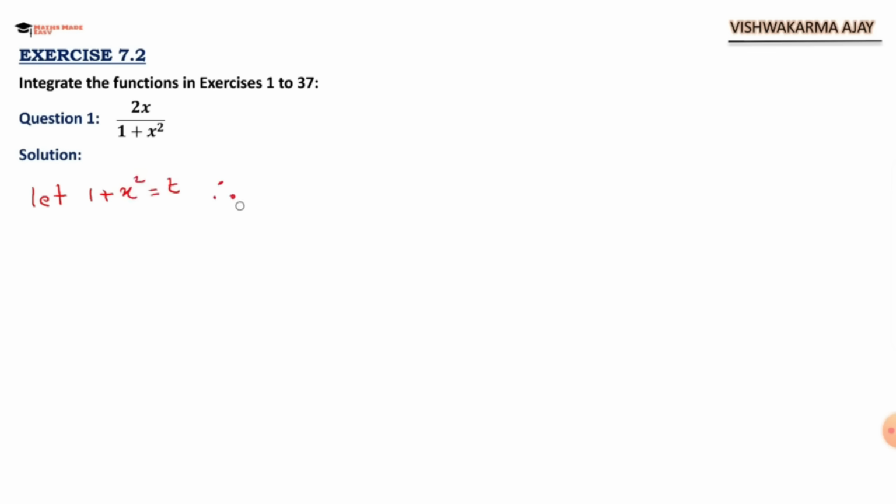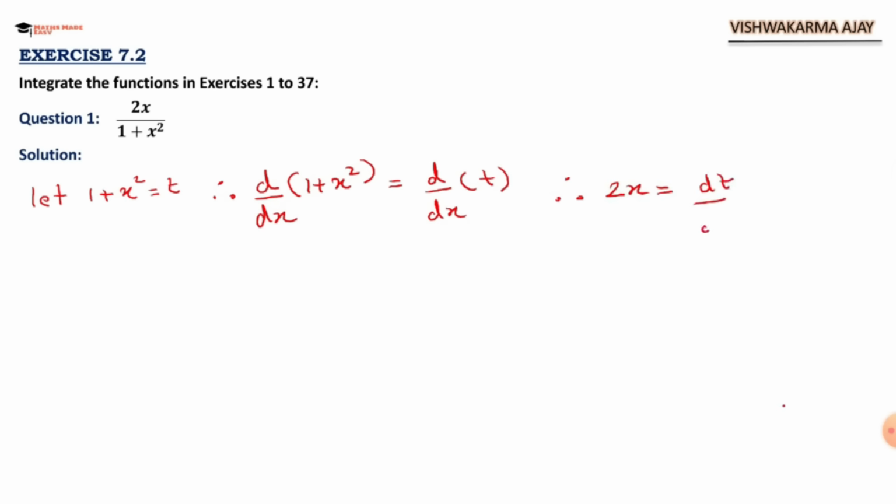Therefore, I have d upon dx of 1 plus x square is equal to d upon dx of t. Therefore, I can write derivative of 1 is 0 and of x square is 2x, is equal to dt upon dx.